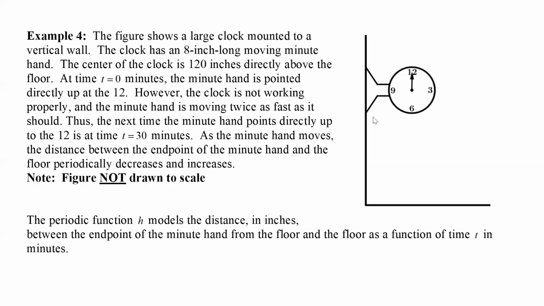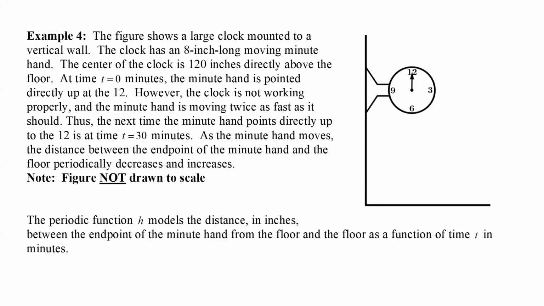So here we have our example. The figure shows a large clock mounted to a vertical wall. The clock has an 8-inch long moving minute hand. The center of the clock is 120 inches directly above the floor. At time t equals 0 minutes, the minute hand is pointed directly up at 12.